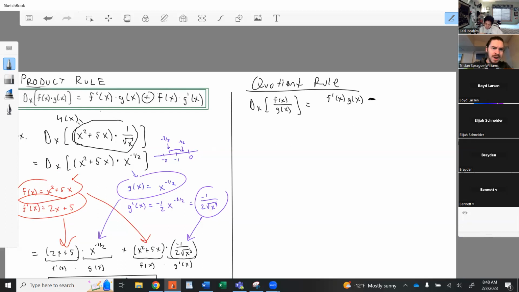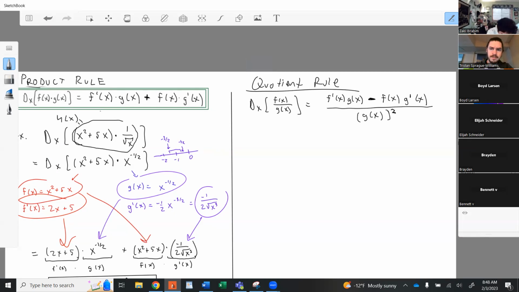Instead of adding these two terms like in the product rule, we're going to be subtracting. It's otherwise the same: f prime times g minus f times g prime. But then we have all divided by the original g function squared.